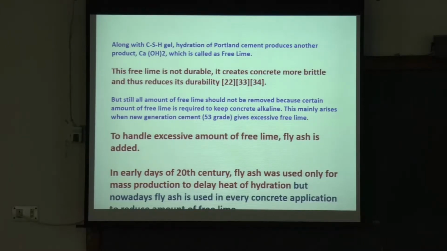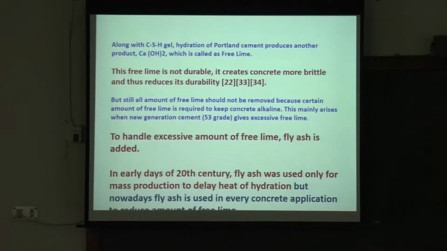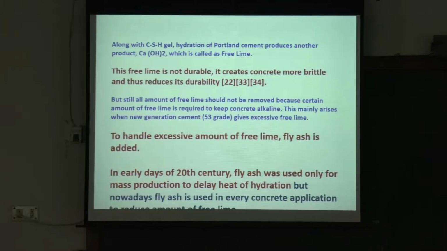Now, to handle an excessive amount of free lime, fly ash is added, because excessive free lime can cause difficulty, but if you add fly ash, it can handle that situation. In the early days of the 20th century, fly ash was used only for mass concrete to delay the heat of hydration.